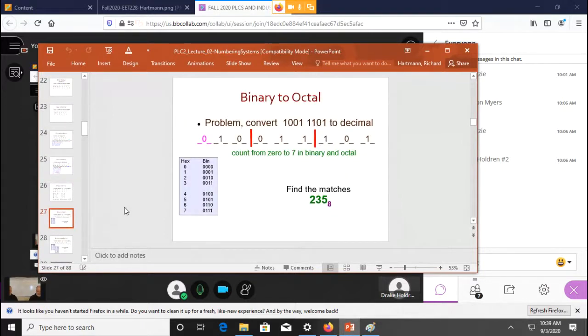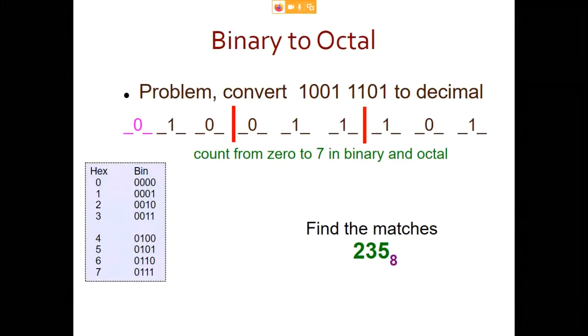The reason we choose the octal numbering system is because it's a one-to-one match with 3 bits.